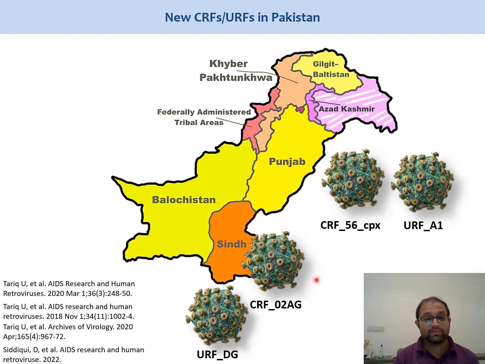This makes a very important case that the Pakistani epidemic is much more complex and much more diverse than we previously expected. And if we implement a full-on sequencing program in Pakistan, we might be able to identify various CRFs and URFs from different patients.